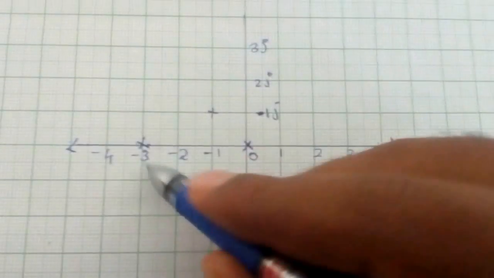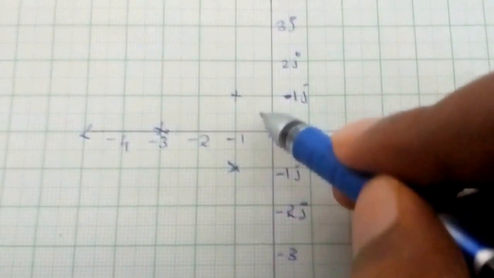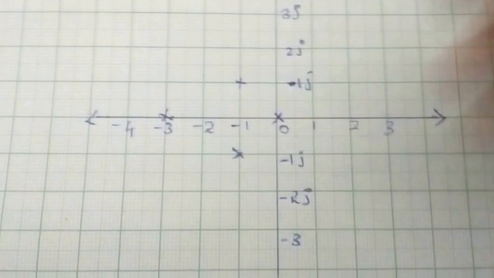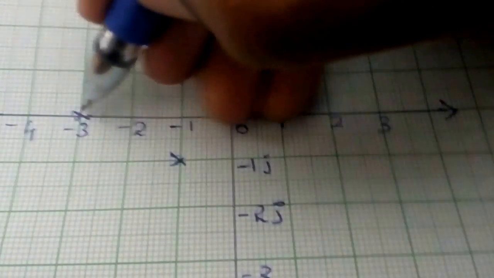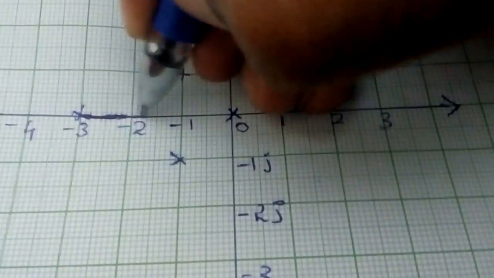When we look from the point -3, we have an odd number of poles, 1 2 3. We have 3 poles, which is an odd number. So from 0 to -3 is part of the root locus.